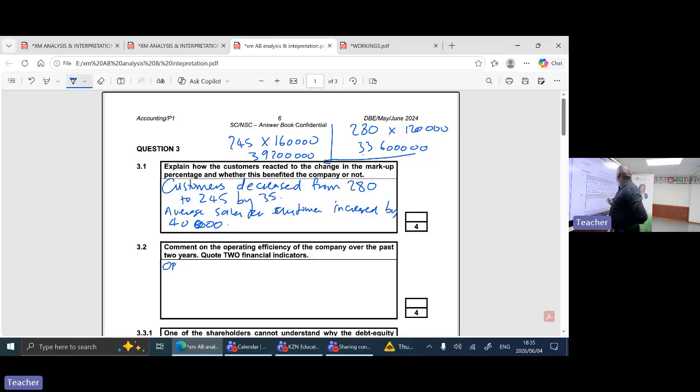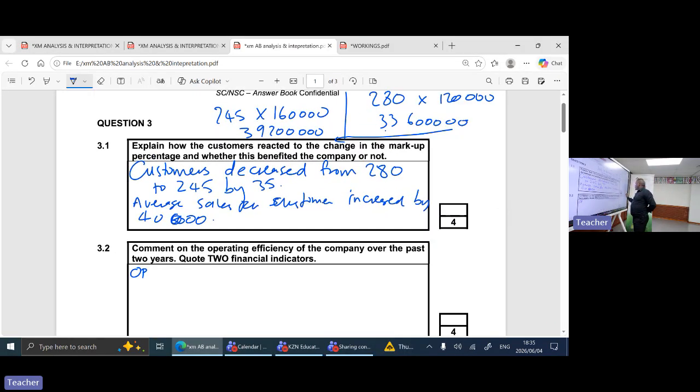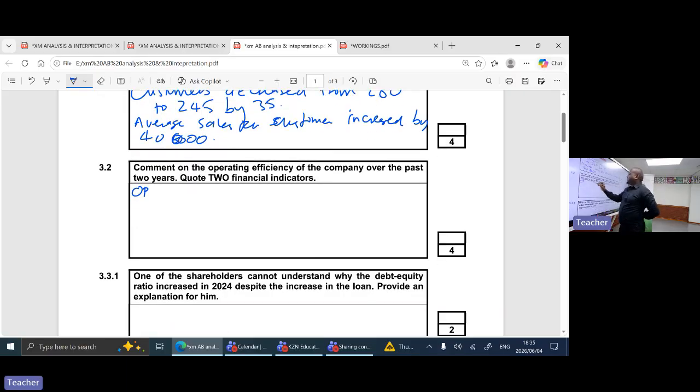Okay, let me increase the screen some. Operating expenses on sales decreased from 28% to 22%. By how many percentage points? 28 minus 22 is 6, so by 6 percentage points.